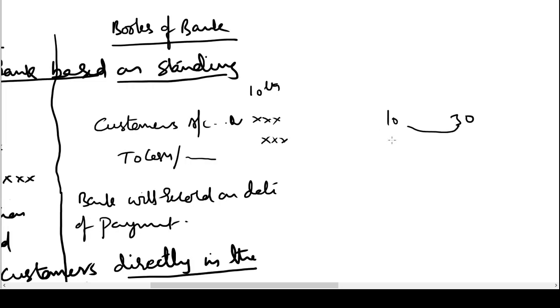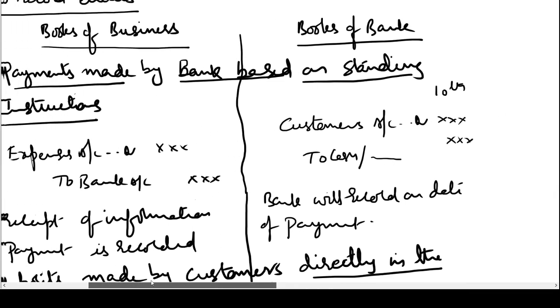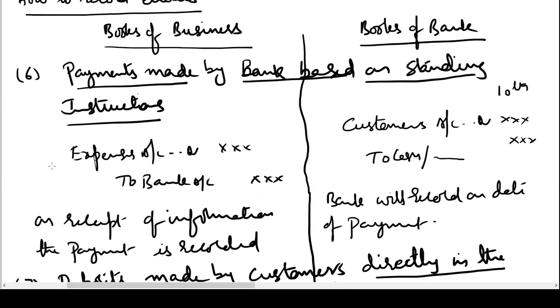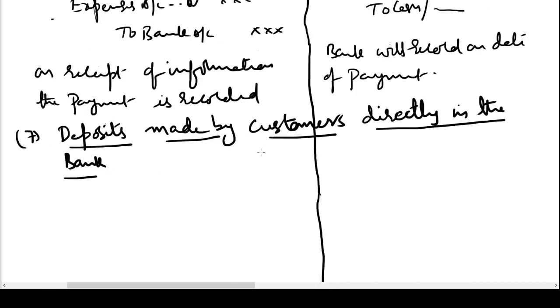In this gap, the passbook will show a lower balance, and the balance as per our books or as per the cash book will be higher. There will be a difference which has to be explained through a statement called the bank reconciliation statement. As soon as we also pass the entry in our books, there will be an entry in the books of the bank and the books of the business. Then the balance as per our books and balance as per the bank's books will also tally.